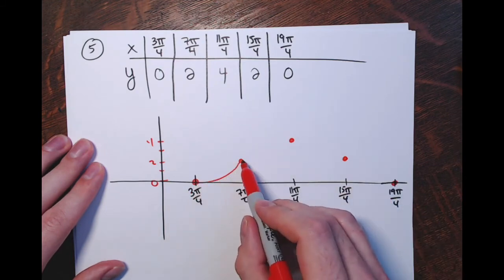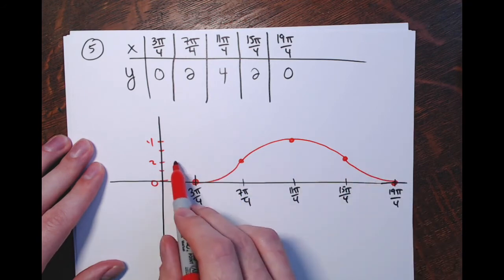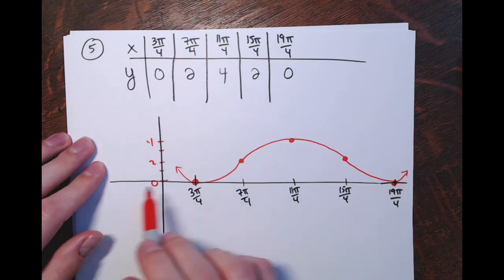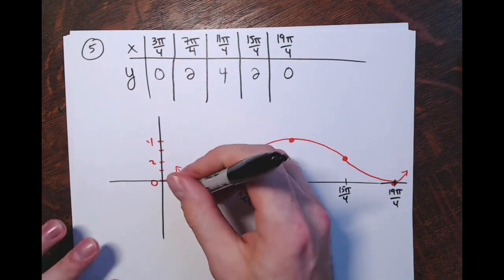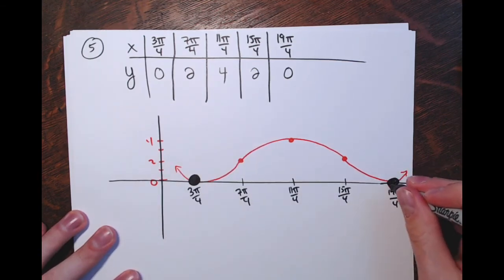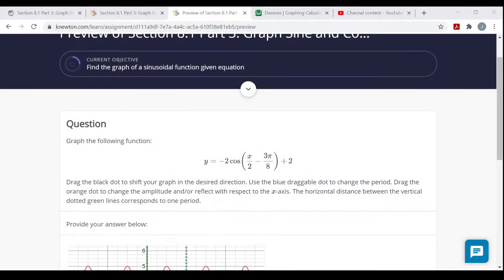Cup opening up, cup opening down, cup opening up. Right? And the midline here is at 2. And it would continue on like this, going on this way and that way forever. But this picture I just drew, from this point right here that I made really big to that point right there, is one cycle. And those are the points I'm going to move my dots to back here.